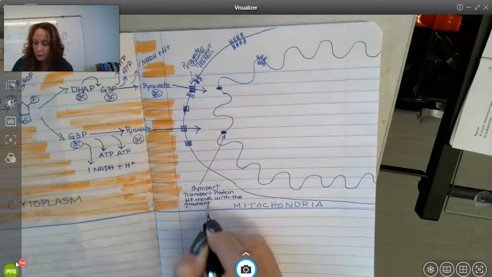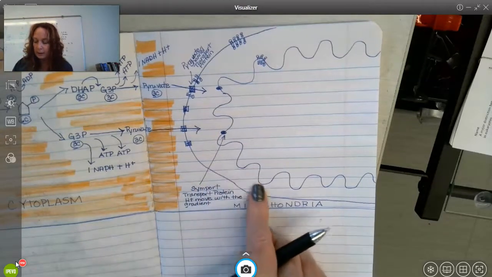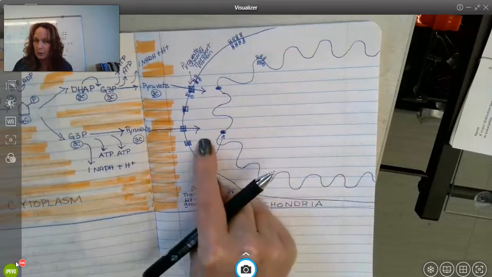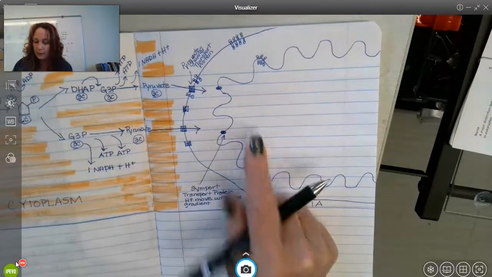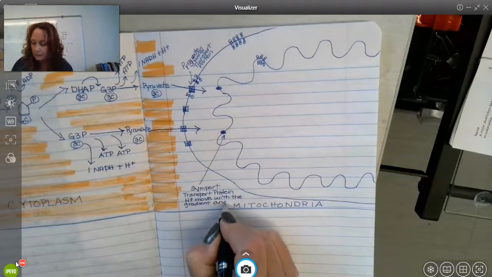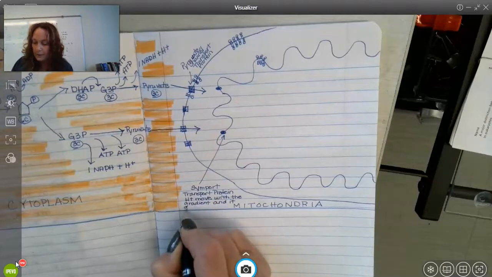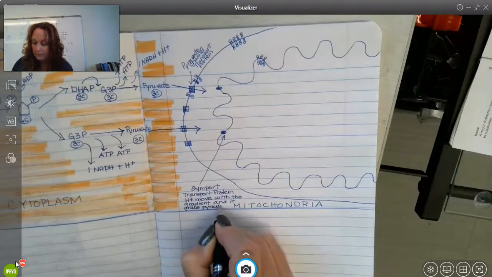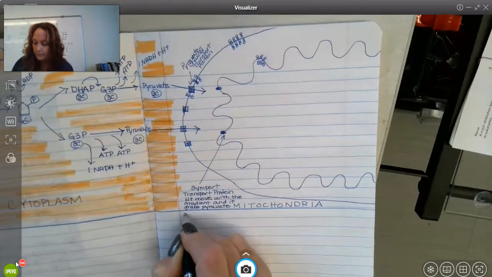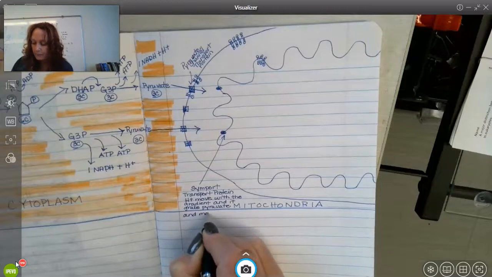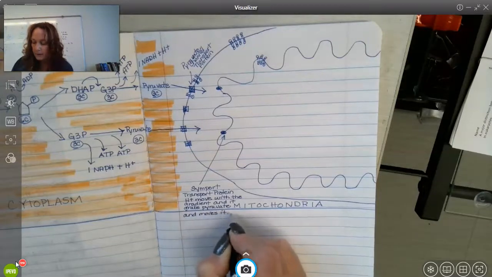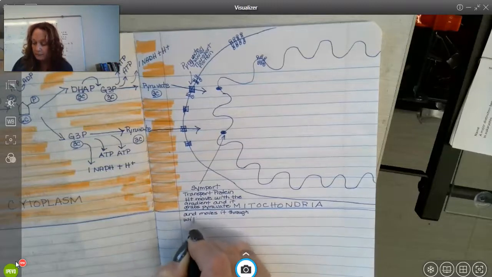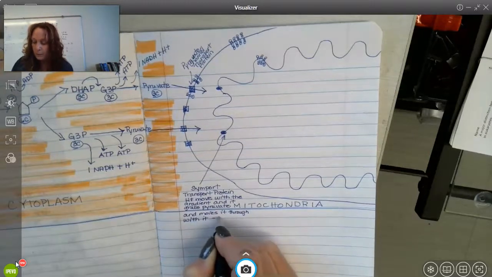So that tells you right away that hydrogen's high gradient here, low here, because it's going to move with its gradient, and it grabs the pyruvate and moves it through with it, but that's against the gradient.